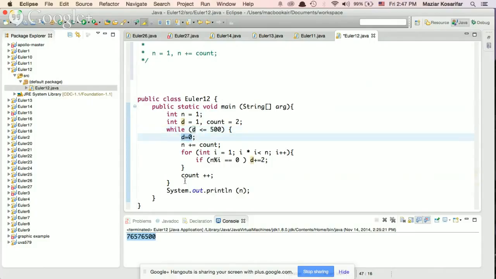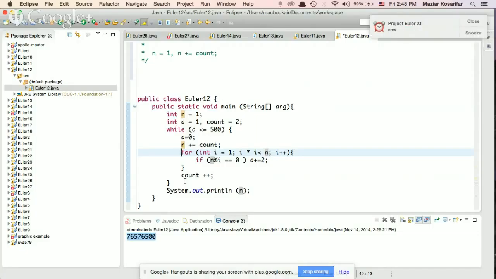So each time I set d as 0, and our next term of the triangular numbers is created by this method, n plus equal to count. And here's a for loop to check the number of divisors. We know that each time a number between 1 and the square root of n divides n, there is another number that also divides n, that is n over that number.